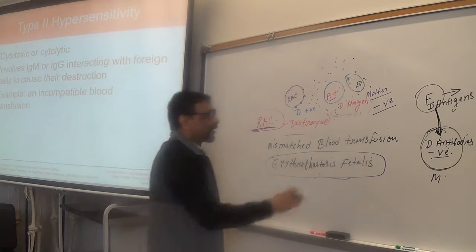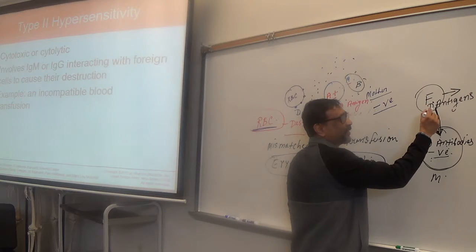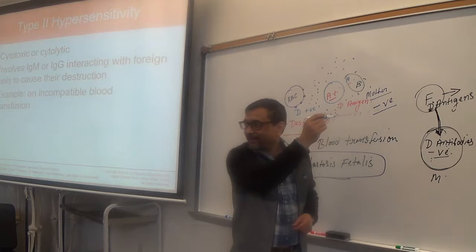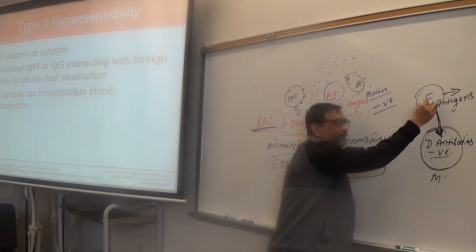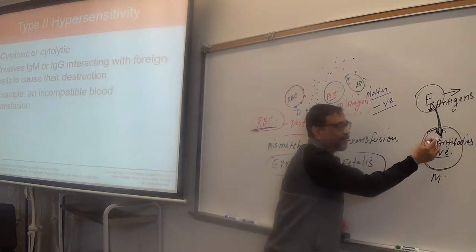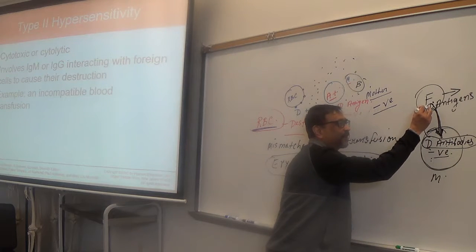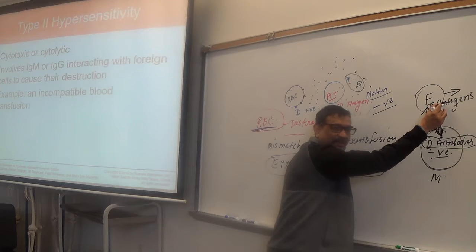Clear? So when the second time, if again the fetus is D positive, that means D is present there, right? Second time, same thing. So again, fetus blood will enter the mother's body, and these antibodies from the mother will enter the fetus and will destroy the antigens.